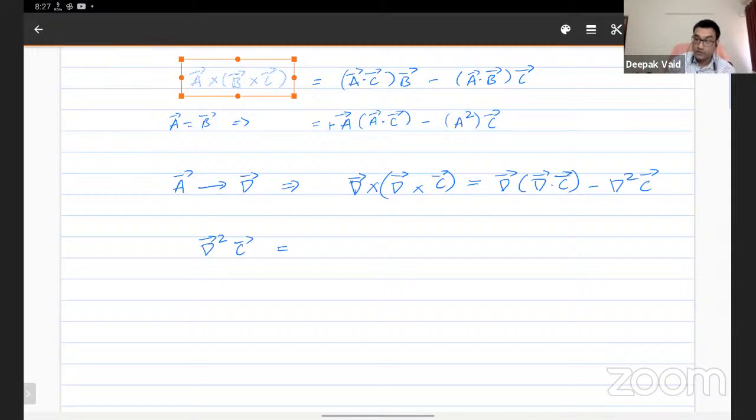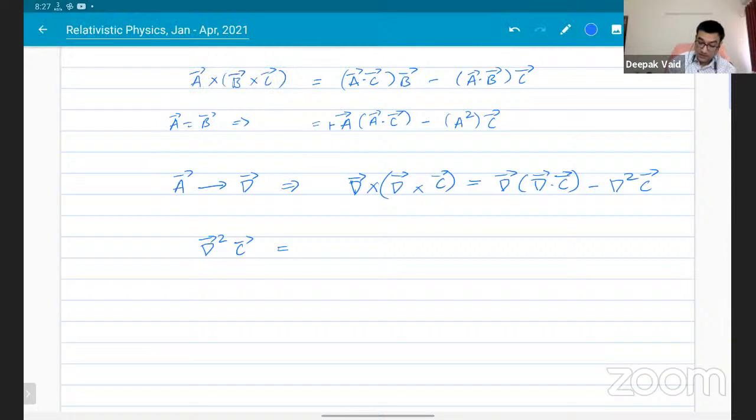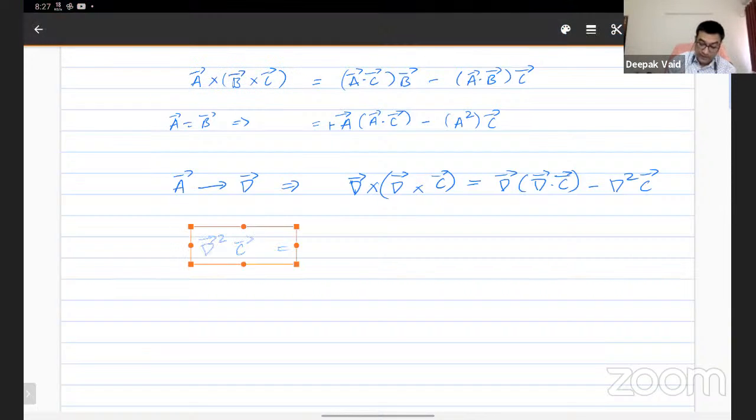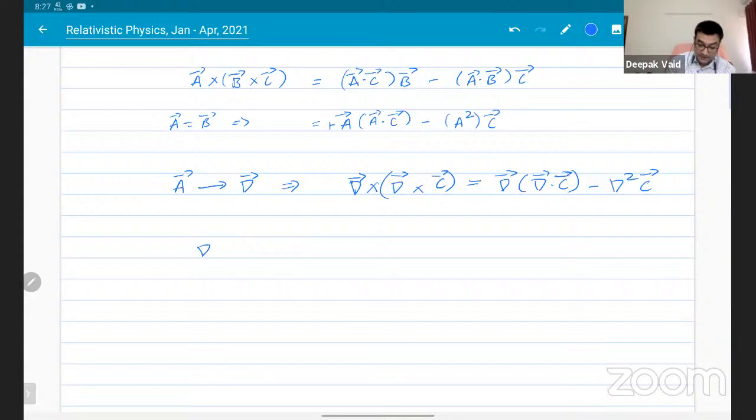So the right hand side also has to be a vector quantity with indices ijk. Now, when we replace this, let me write this in terms of E, the curl of E. So this becomes the gradient of the divergence of E minus del square.